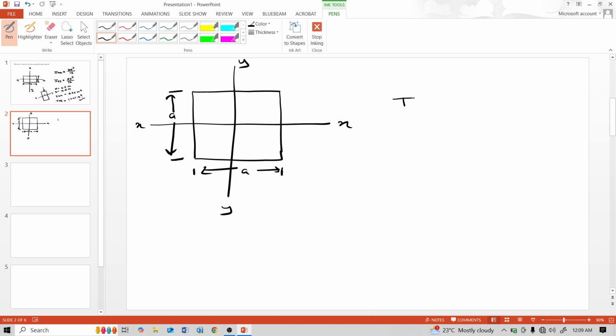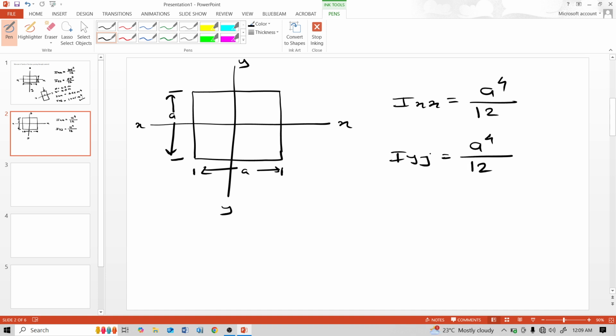So here Ixx, moment of inertia about x-axis, parallel to this x-axis dimension is a, so a raised to 4 by 12. And Iyy, moment of inertia about y axis, is also a raised to 4 by 12.